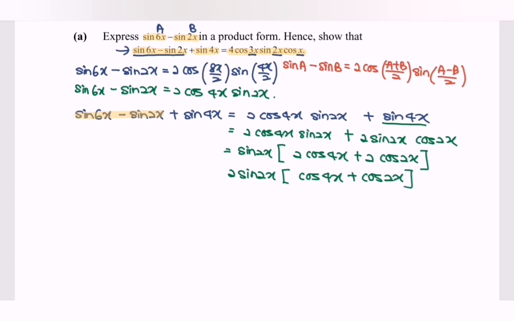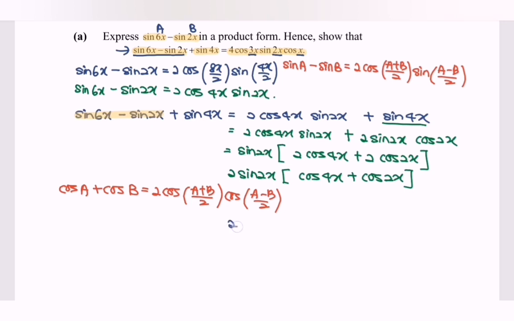By using the factor formula, cos A plus cos B is equals to 2 cos bracket A plus B over 2 cos bracket A minus B over 2. Kindly substitute the situation or make use of the factor formula.